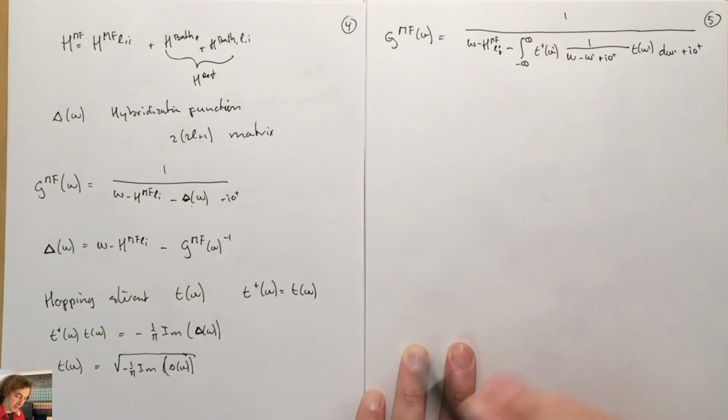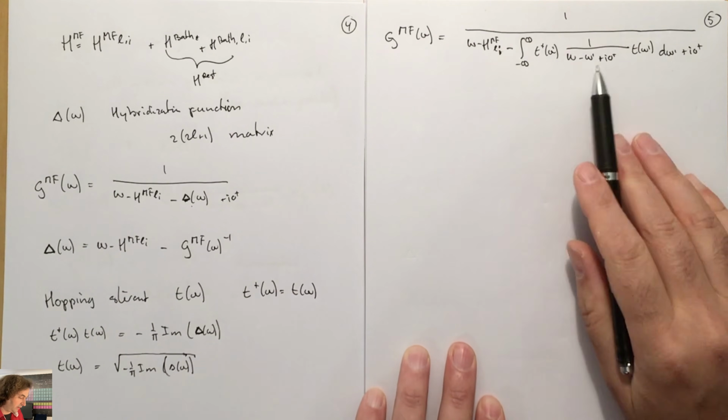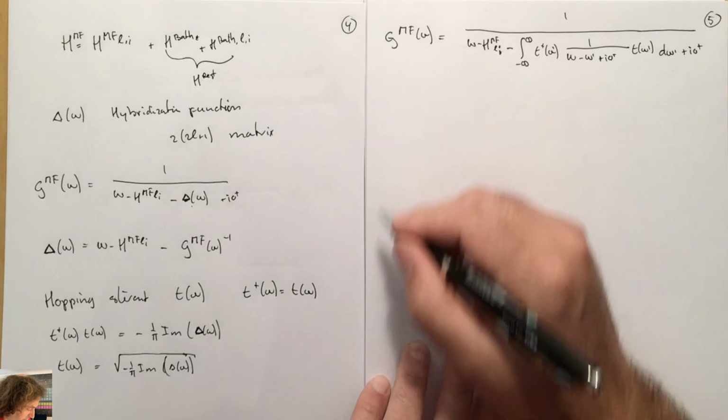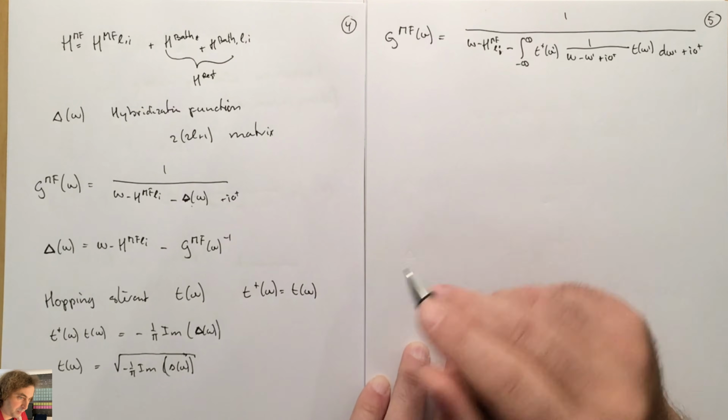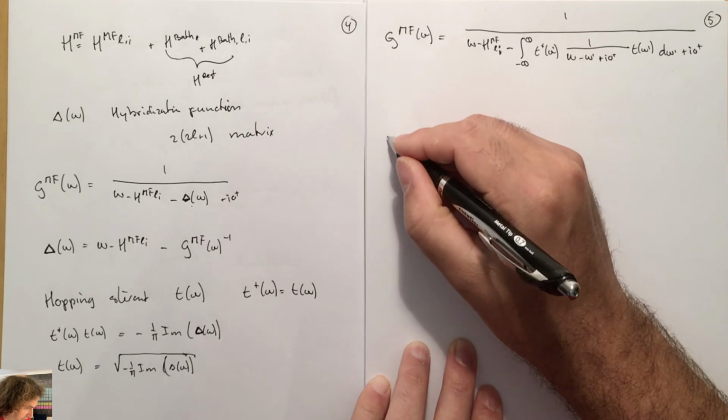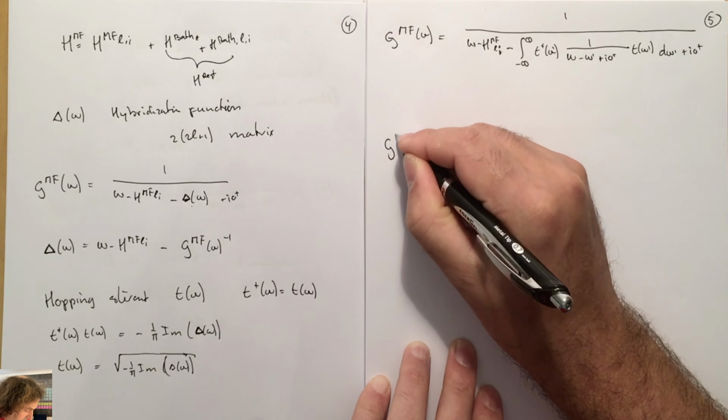In order to understand how we go from delta, the hybridization function, to an explicit hopping, we can have a look at a finite Hilbert space. We have discretized our energies and look at the matrix inverse.